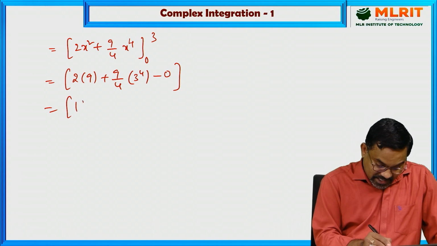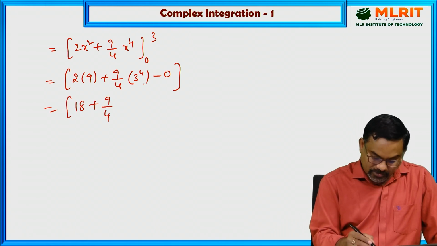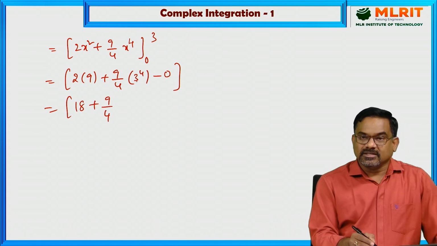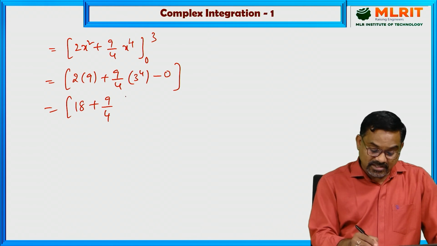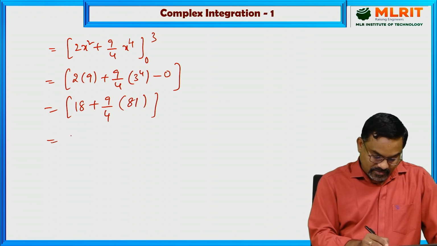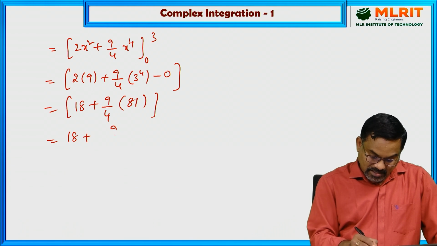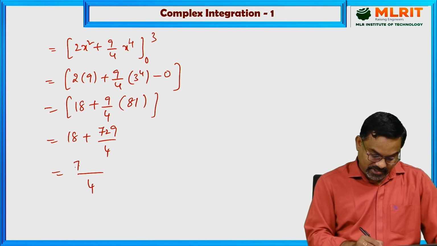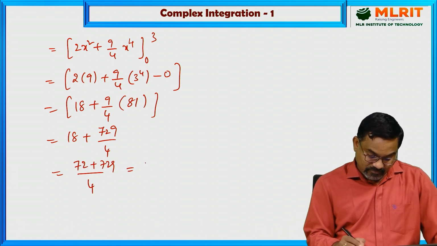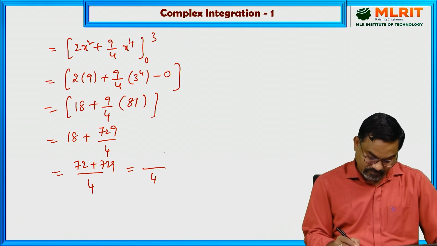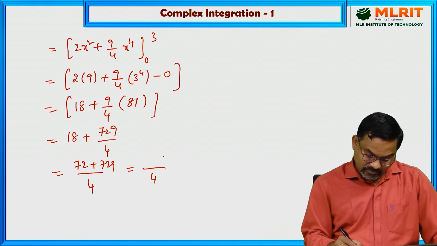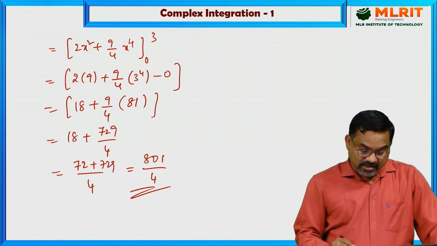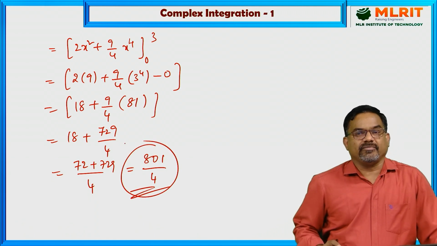Now this is 18 plus 9 by 4 into, so 3 square is 9, 3 cube is 27, 3 power 4 is 81. So this is 18 plus 729 by 4. By taking LCM, 72 plus 729, which is 801 by 4. Hence the line integral is equal to 801 by 4.